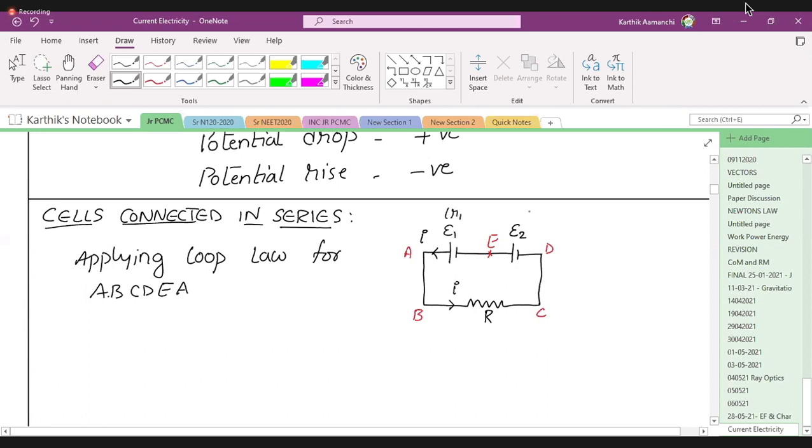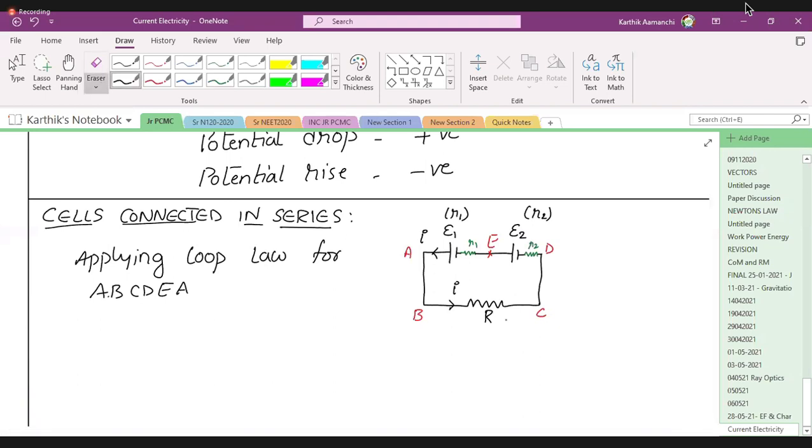Assume this has an internal resistance R1 and this has an internal resistance R2. If you want battery internal resistance, you can take it as small resistances placed here, R1, R2.